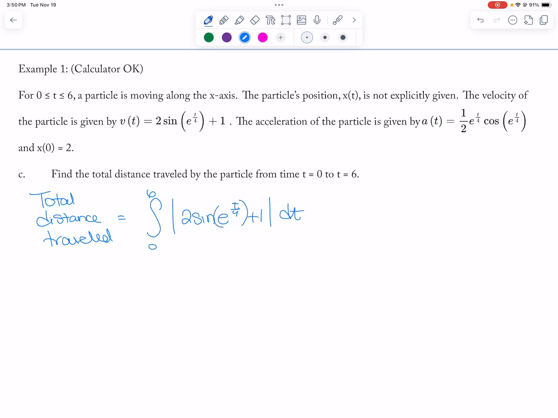Remember, for total distance traveled, I have to figure out when the particle is moving to the left and make that distance positive so that I don't get displacement. But the absolute value here will take care of that for me. Okay, so now we're going to go ahead and use the calculator, and we get 12.573.